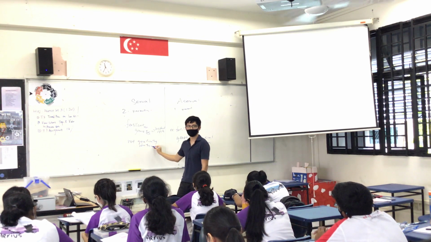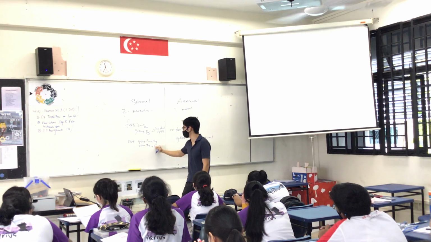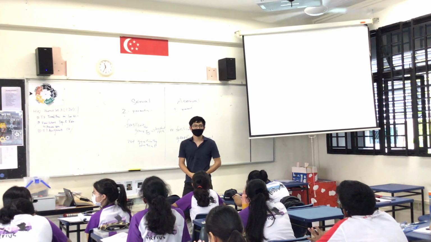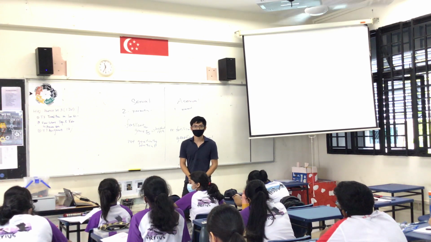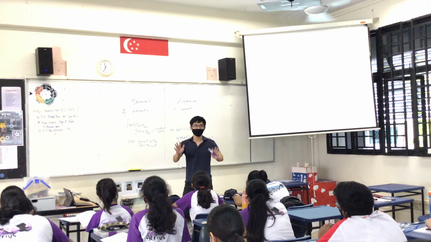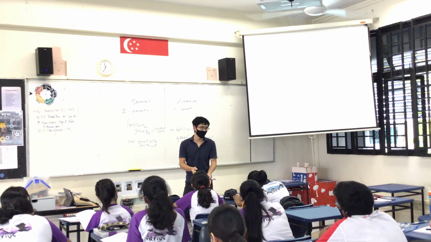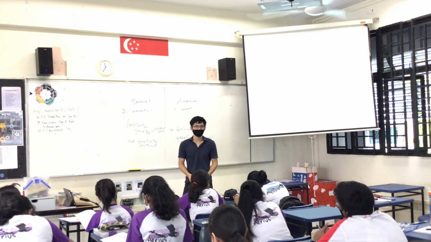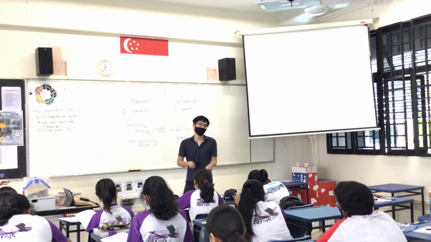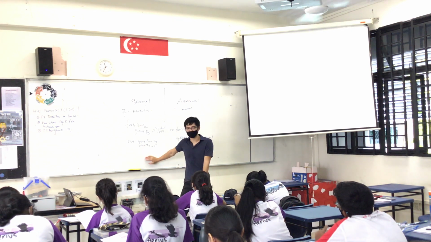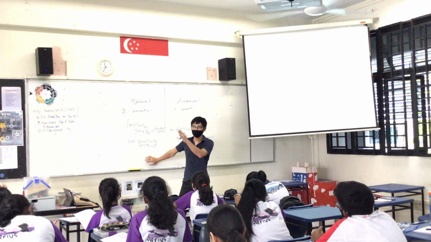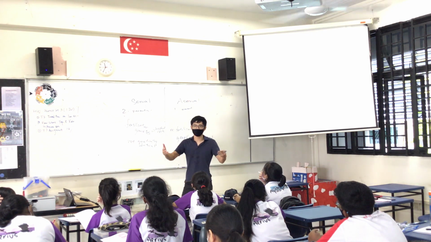Why is it not genetically identical? Remember in meiosis, there was crossing over, independent assortment of chromosomes. It's kind of a shuffle. It's like we're shuffling cards. You know what sexual reproduction is like? It's like mom and dad come together, both of them have poker cards.